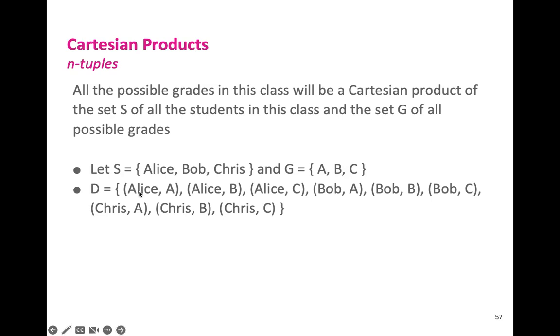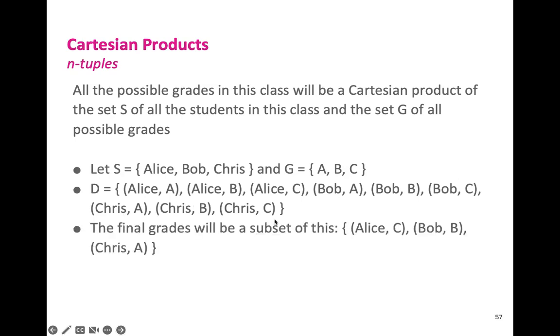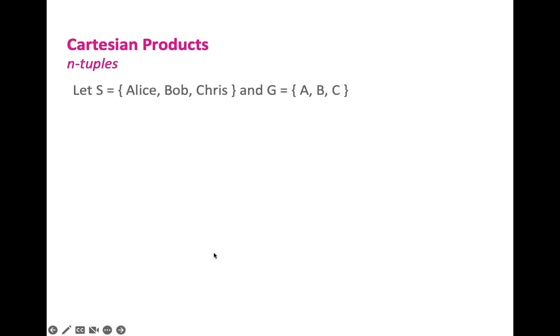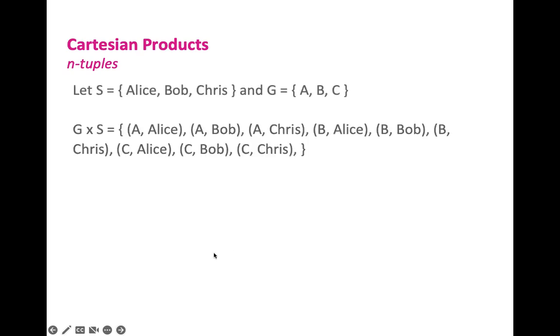Alice could have grade A or B or C. Bob could have grade A or B or C. And Chris could have grade A or B or C. Now, the final grades will be a subset of this. So assuming that Alice got a grade of C, Bob got a grade of B, and Chris got a grade of A. Okay, so I hope you understood that.